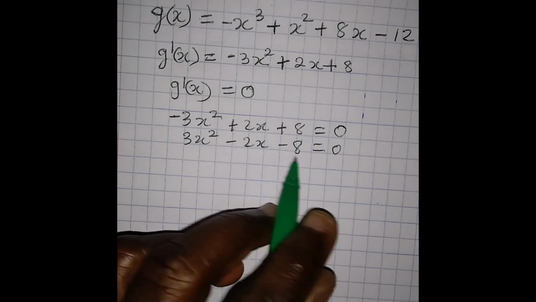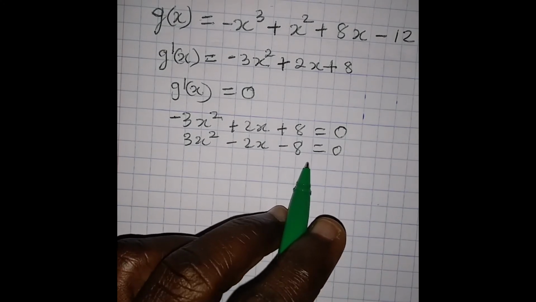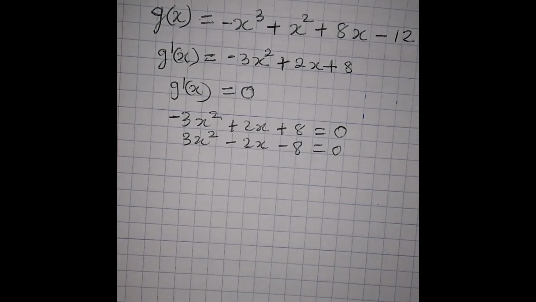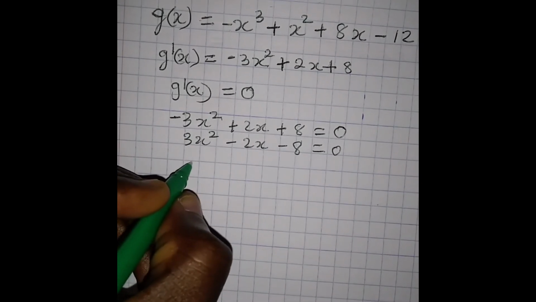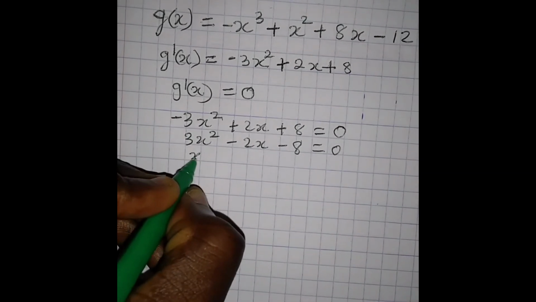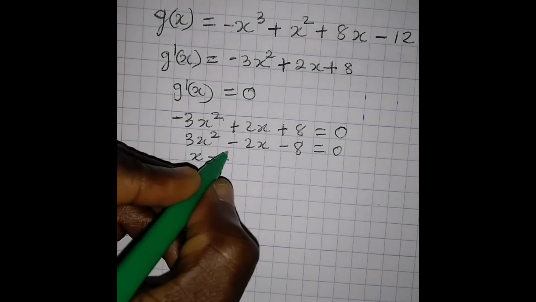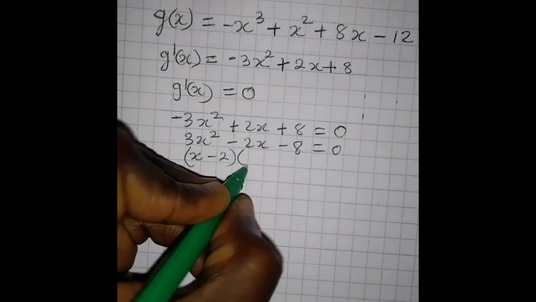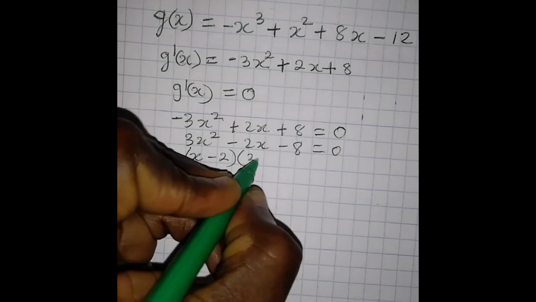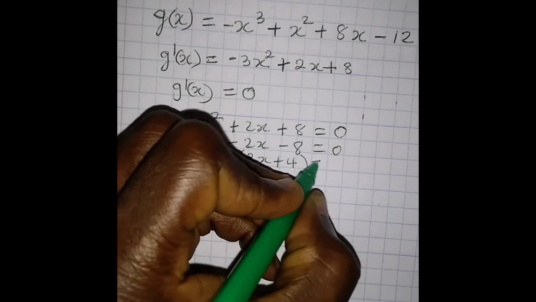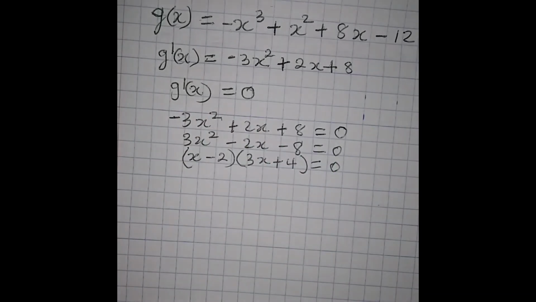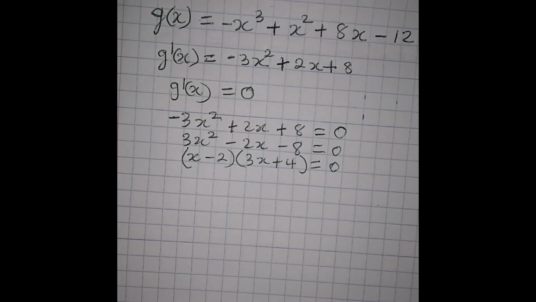We can factorize this. You all know how to do the factorization, and so I'll just quickly write it down. So basically we'll have x minus 2 and 3x plus 4 is equal to 0. Remember, there are various ways of doing your factorization.